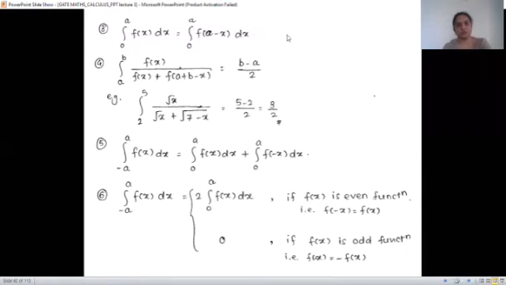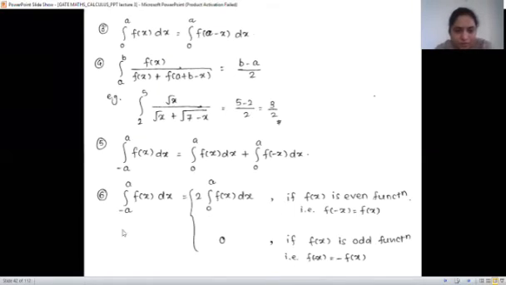So it is integration 2 to 5 root x upon root x plus root 7 minus x. If we see, this is f of x, and this is f of a plus b minus x, right? So for this, we can directly write the answer: b minus a upon 2, that is 5 minus 2 upon 2, that is 3 by 2.